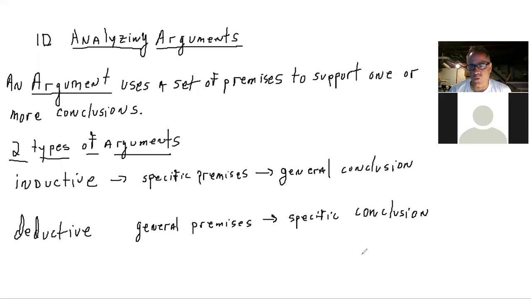And then from that rule, we make a specific conclusion. And so if the rule is true, and it logically follows from our premises that we can get to the conclusion, then we can conclude absolutely that it is true.